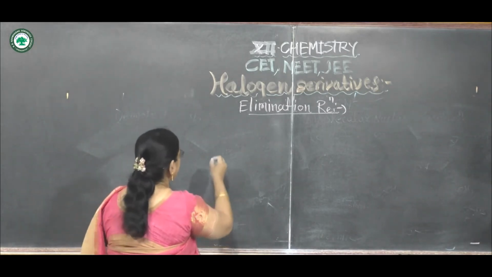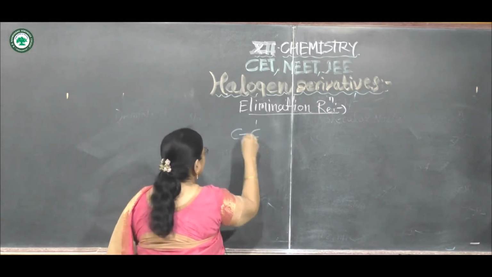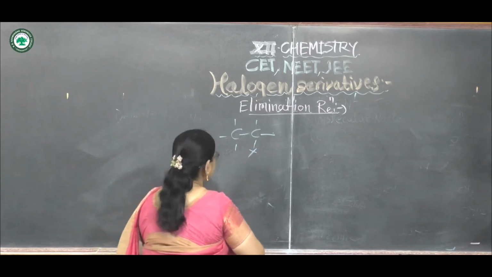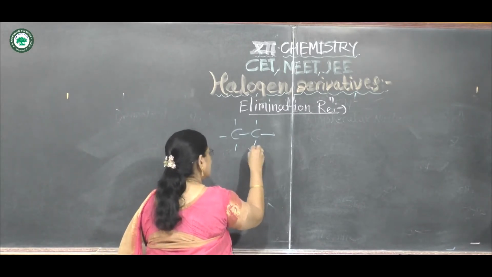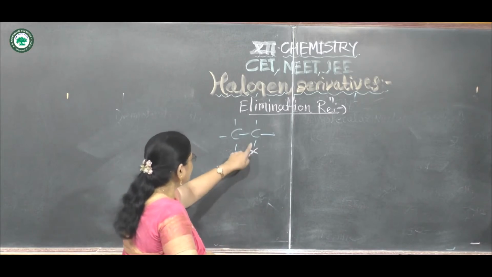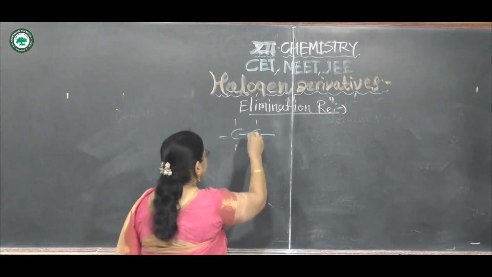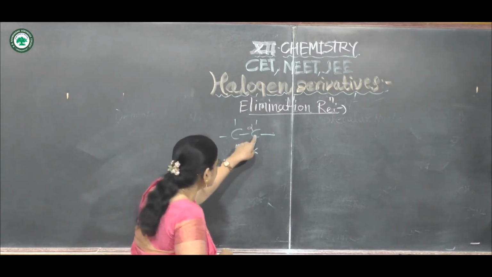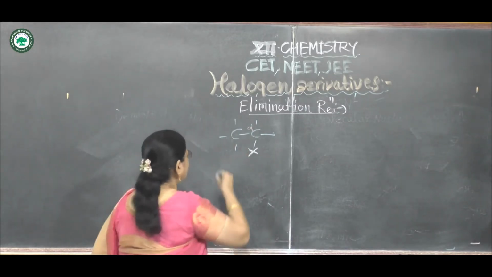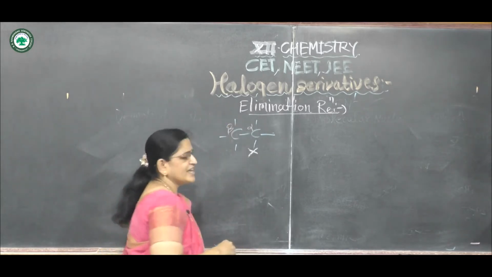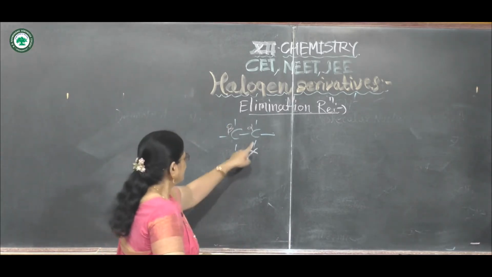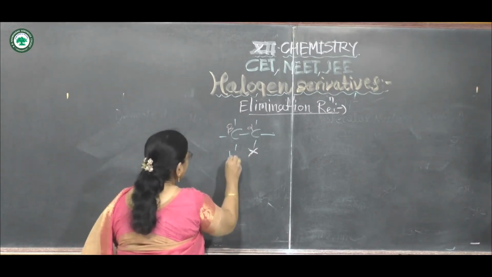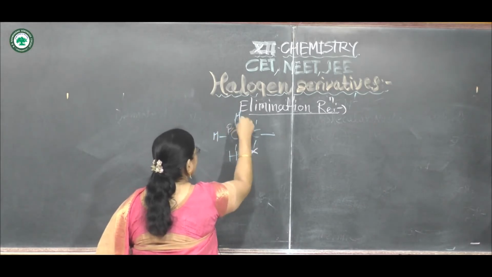This elimination reaction is carried out in the presence of a base. Suppose here X is the halogen atom of an alkyl halide. The carbon to which the halogen atom is attached is called the alpha carbon atom, and the adjacent carbon atom is called the beta carbon atom. There are hydrogens on this beta carbon atom.